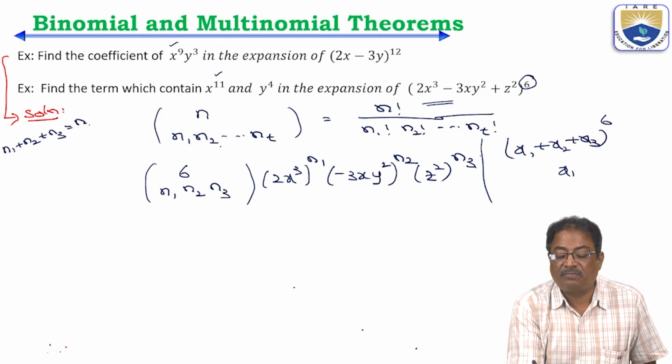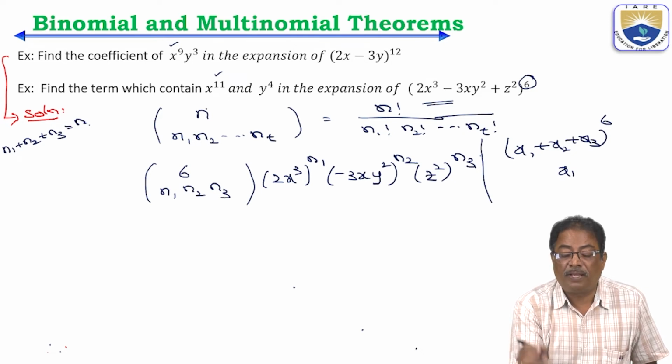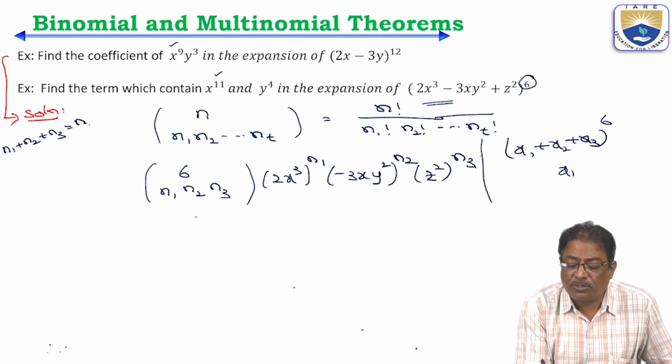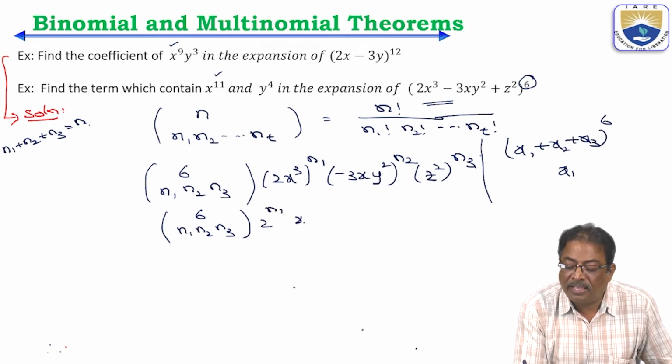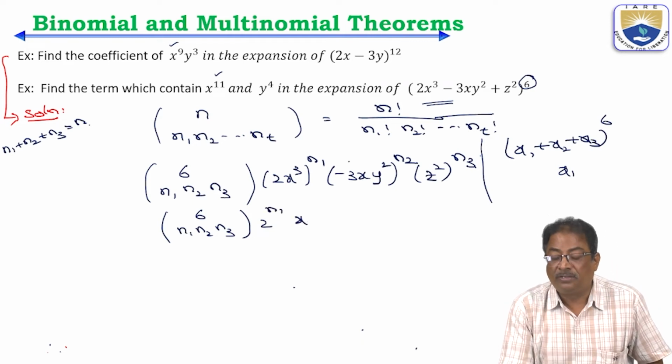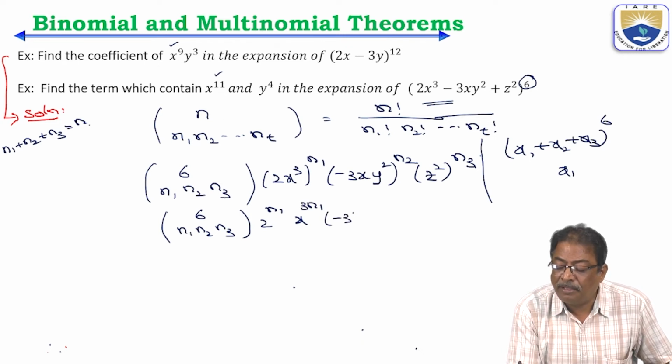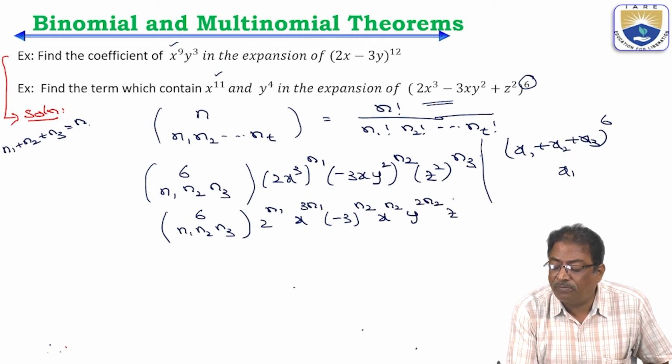And of course, in the generalized theorem, n1 plus n2 plus and so on, nt will become n. Now I am going to write in the same way: 6 over n1, n2, n3, then 2 to the power of n1 and x cubed to the power of n1. So it is nothing but x to the power of 3n1, minus 3 to the power of n2, x to the power of n2, y to the power of 2n2, and z to the power of 2n3.